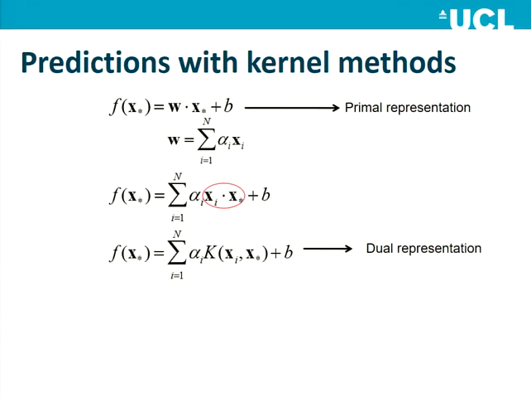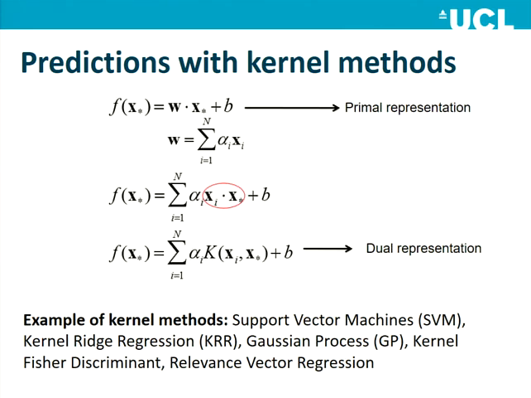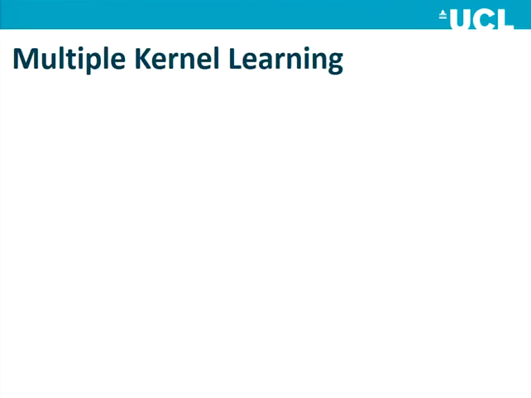They are equivalent, but if you have a higher number of features than examples, it's more efficient to work with the dual representation and kernel approaches. Many methods we use are kernel methods, such as support vector machine, kernel ridge regression, Gaussian process, relevance vector regression. These are all examples of kernel methods that we use.